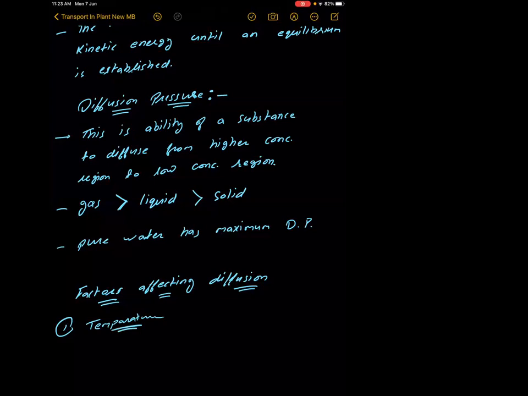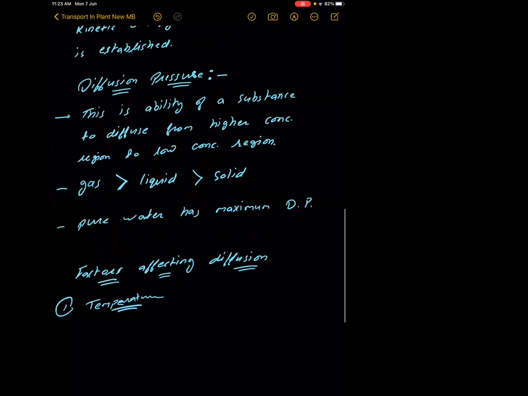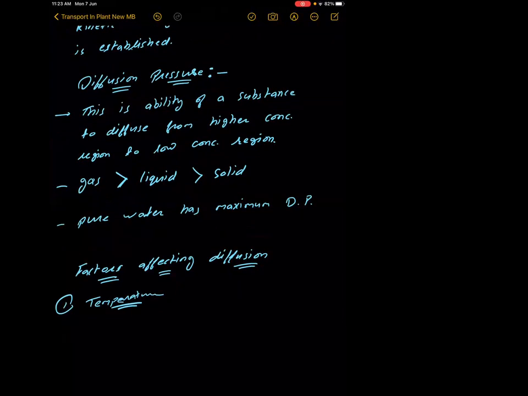Temperature. First is temperature. The rate of diffusion is directly proportional to temperature.